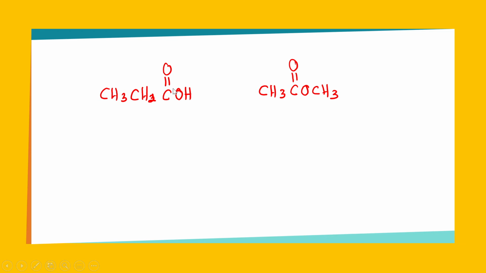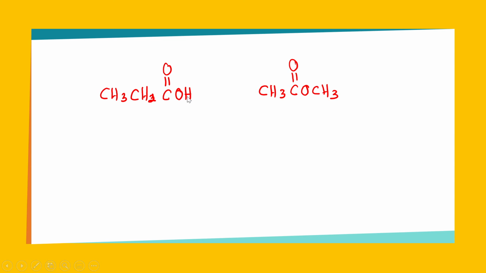This one 2 and this one also 2. But what is the difference between them? If you look here, C double bond O, if you only have 1 oxygen, it is a carbonyl. If you have 2, it is not a carbonyl. So C double bond O, and next to the C double bond O is O and H.